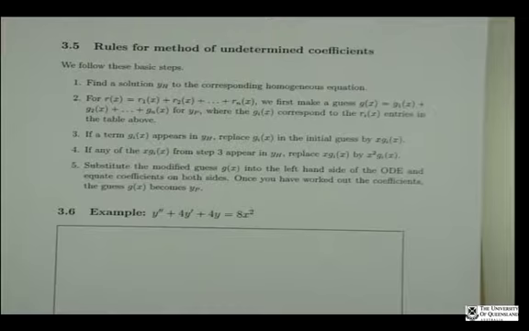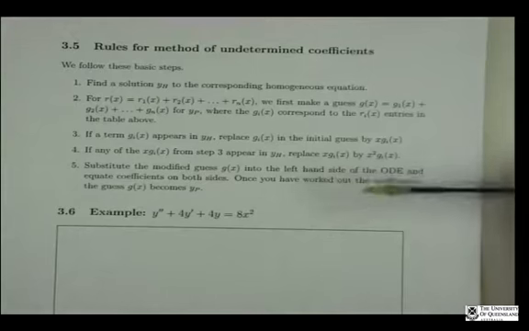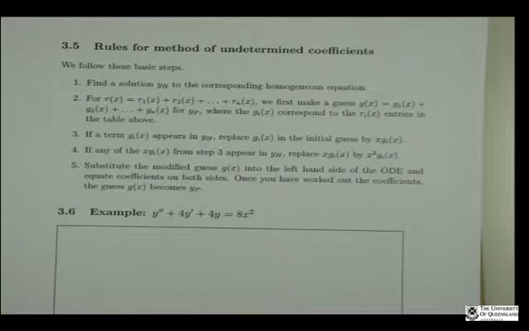So on page 24, I provide the steps that we work through in order to apply this so-called method of undetermined coefficients. I'll work through some examples to show you the basic principle, but also show you how some complications can arise and how we can deal with that.